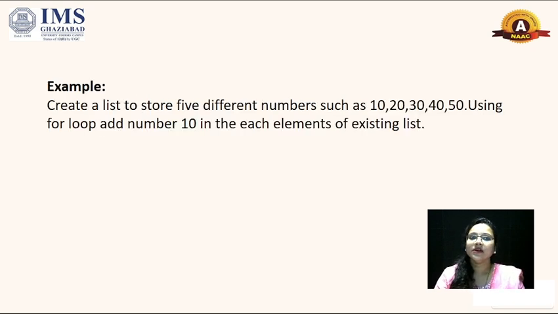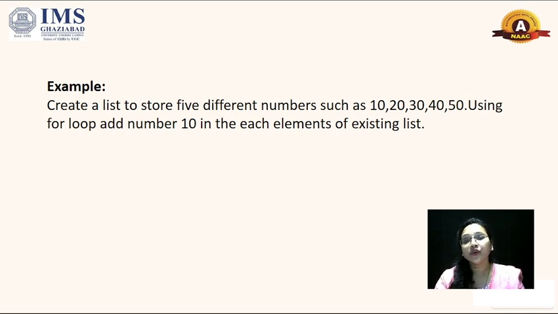Okay, let's understand with an example. Create a list to store 5 different numbers such as 10, 20, 30, 40 and 50, and using a for loop, add the number 10 to each element of the existing list.